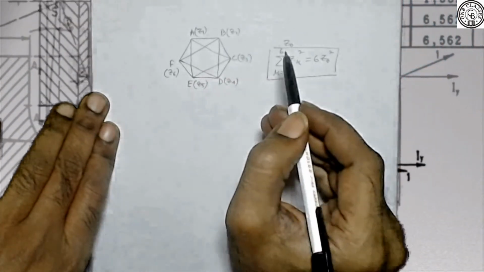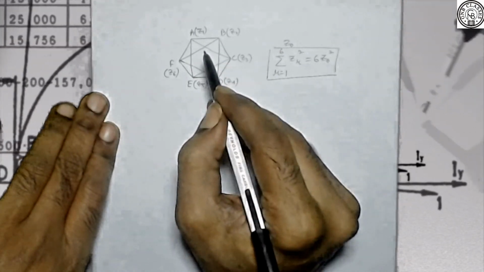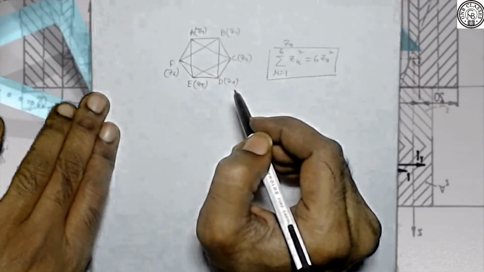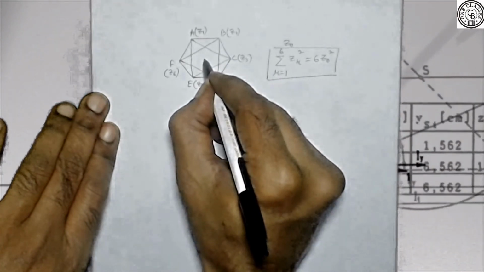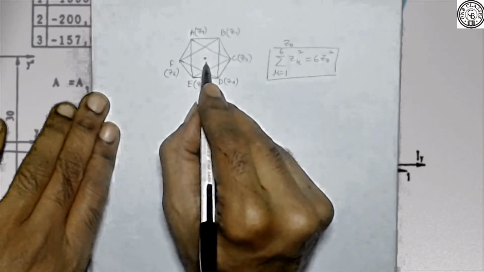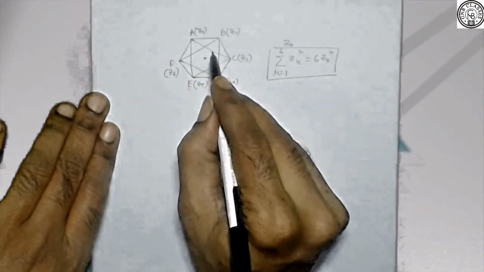Now, the circumcircle of this regular hexagon will also be a circumcircle of the triangles FBD and AEC. Therefore, the circumcenter of those two equilateral triangles will coincide with the circumcenter of this regular hexagon.